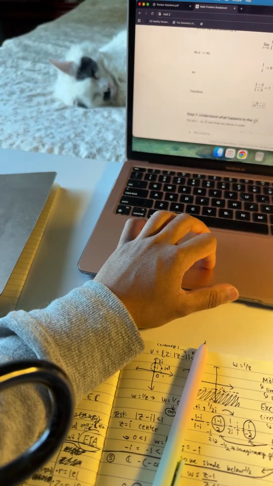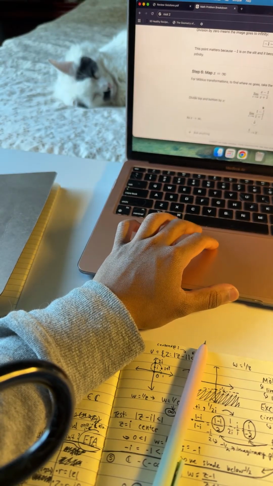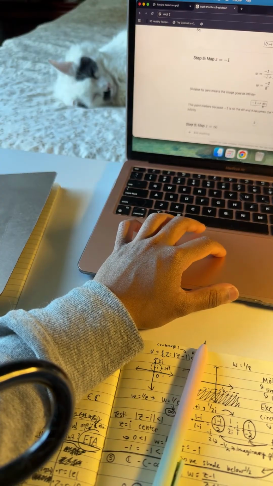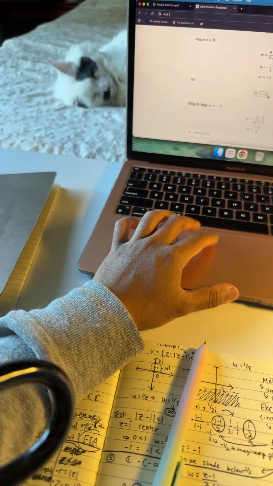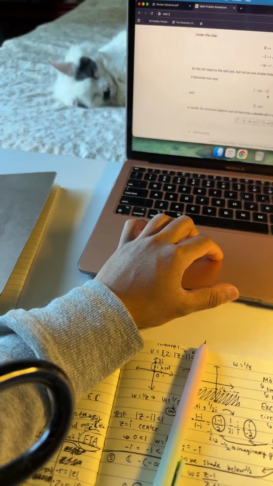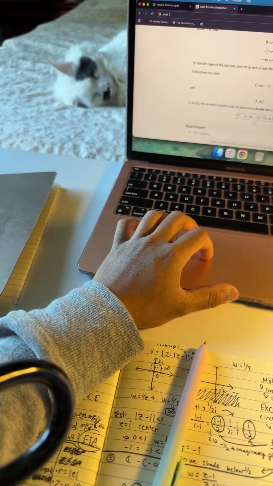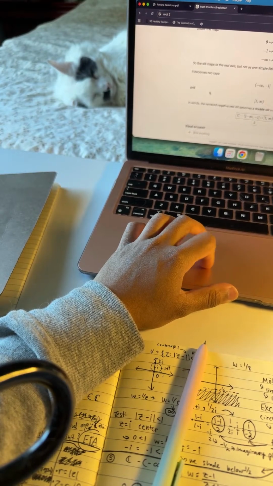No, here it says infinity going to 1. -1 going to infinity, 0 going to -1. These don't make sense here. It maps to the real axis, but not as one simple finite segment. It becomes two rays.